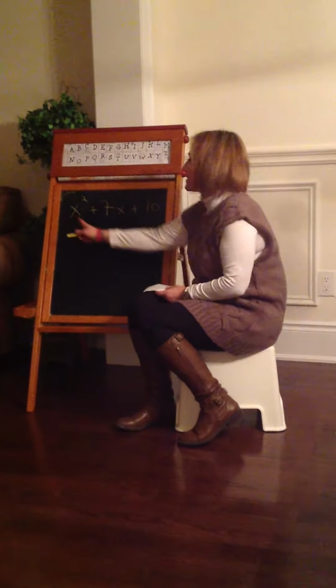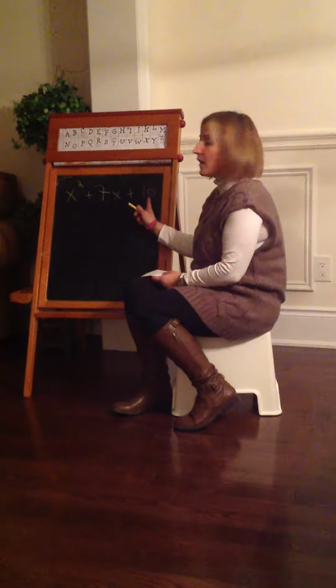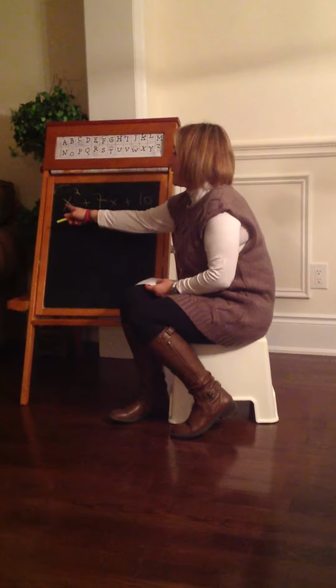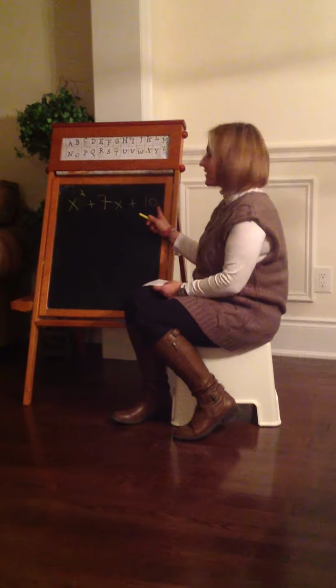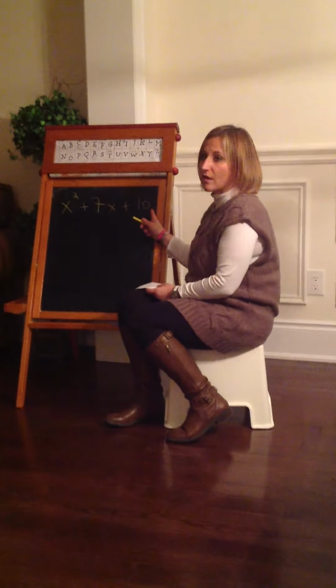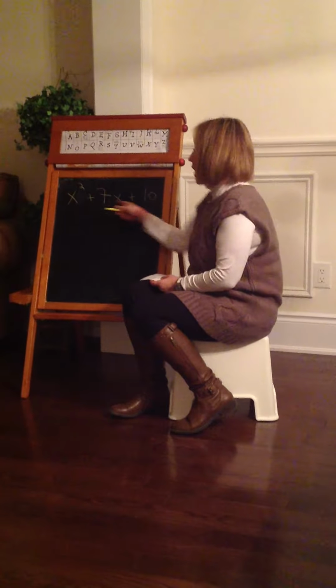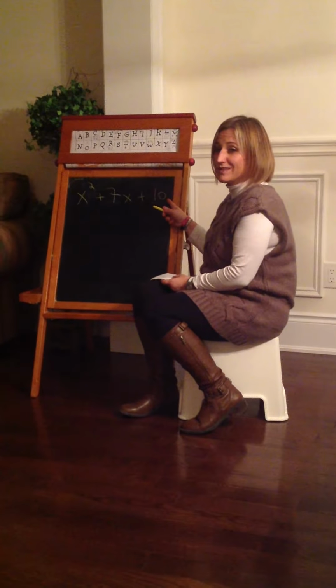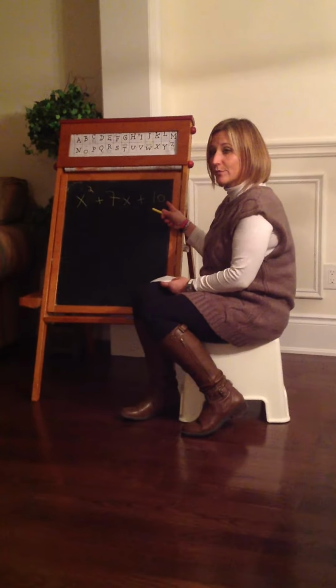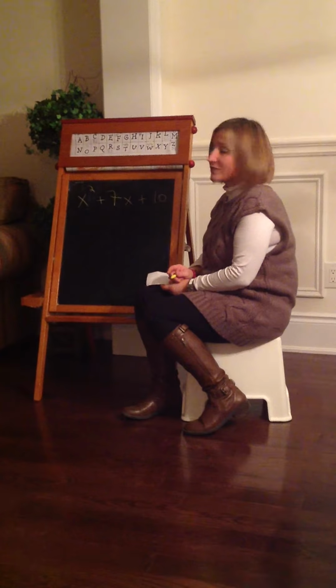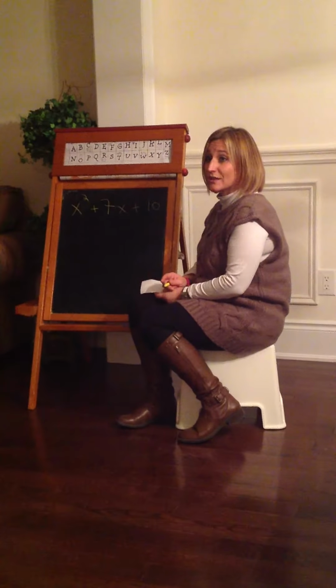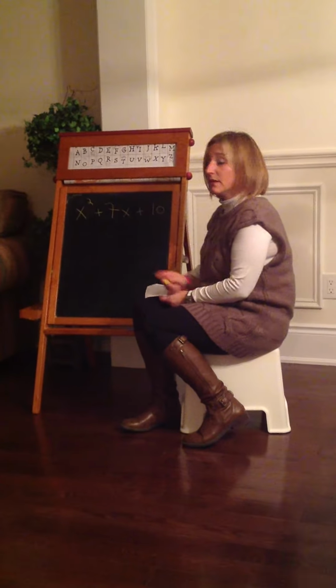So is there a number that divides into 1, 7, and 10 other than 1? No. This term has an x, this term has an x, this term doesn't have an x, so x is not common. There is no common bracket, and I can't use the idea of grouping because I have an odd number of terms. So now I go to the second thing on my checklist, which is simple trinomial.